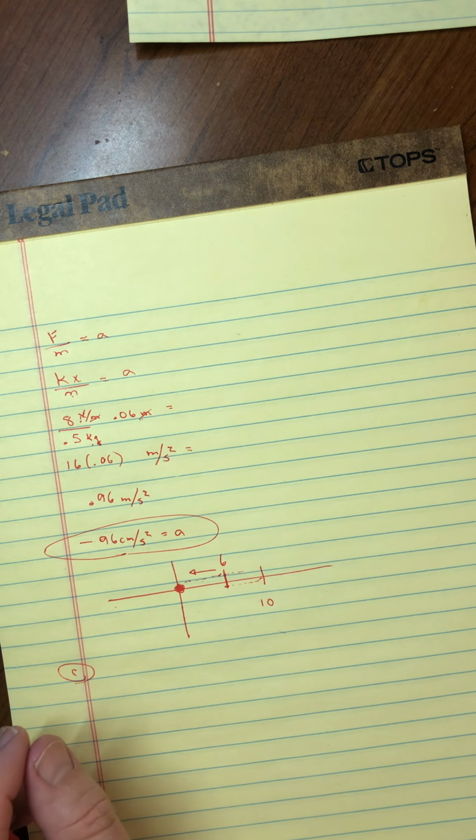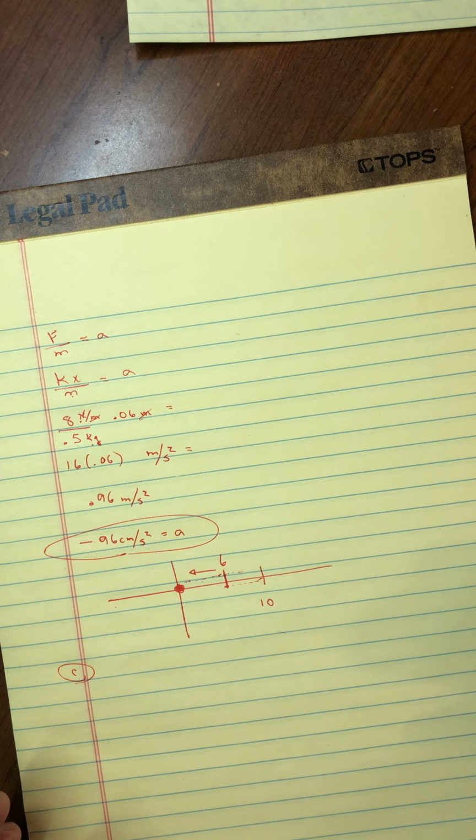Okay, and then finally we get to the last one, which I think is maybe a little bit why the author picked the sine function. C says the time interval required for the object to move from 0 to 8.